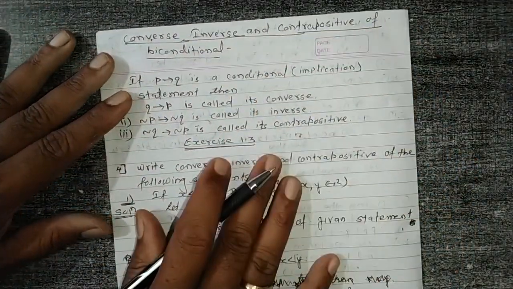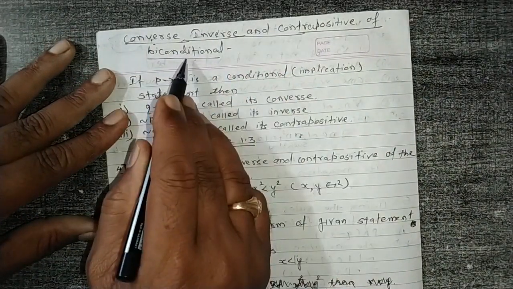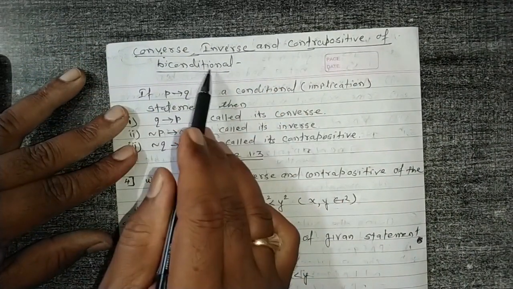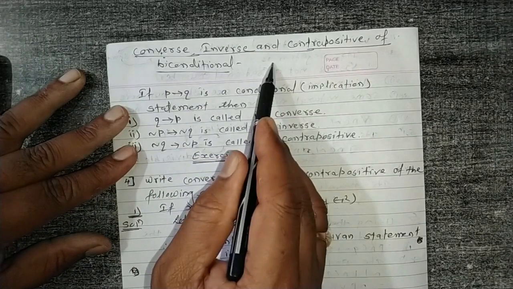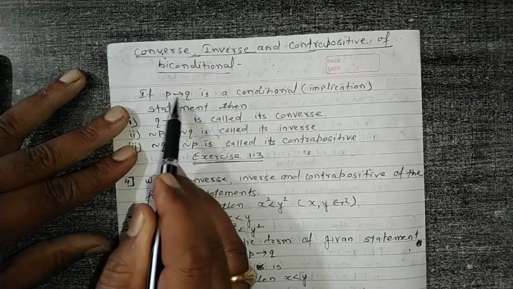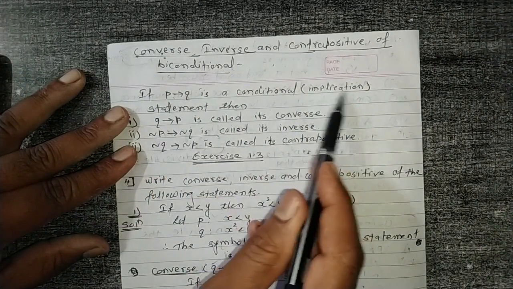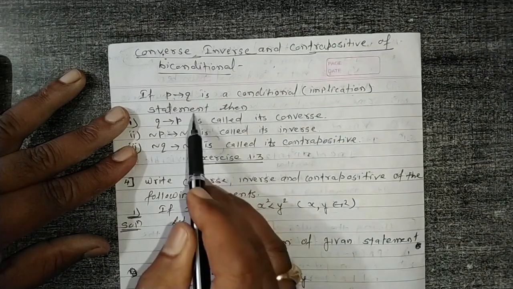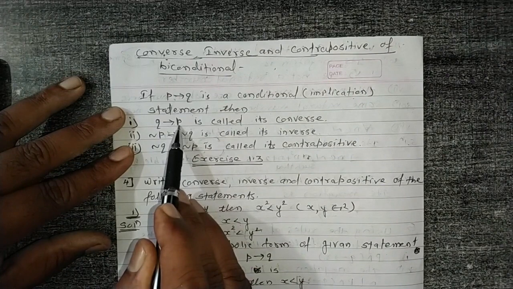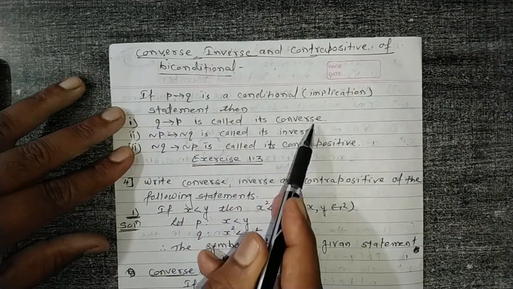Now the next article is converse, inverse and contrapositive of a biconditional, or rather of a conditional, which is also called implication. If P then Q, that is P conditional Q, is a conditional or implication statement, then Q conditional P, also called Q implication P, is called its converse.